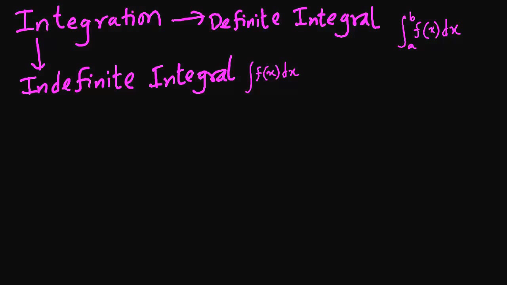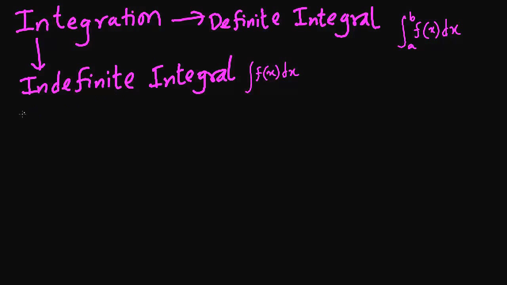Definite integral is when you have the integration with two numbers known as the limits of the integration. Indefinite integral, on the other hand, does not have any limit, so it is just integration. The word integral means you have integrated it already. If you integrate something, whatever result you get is known as the integral. And when we differentiate something, the result that we get is called a derivative.